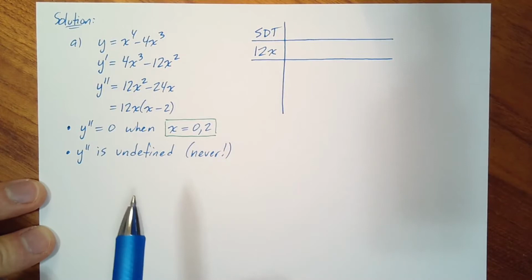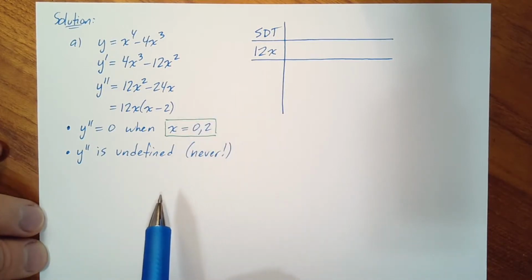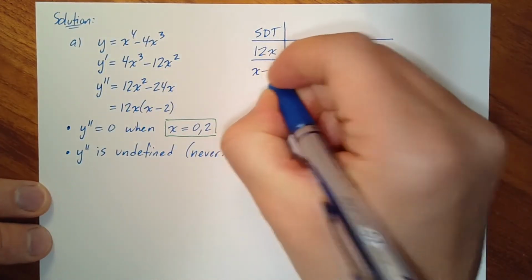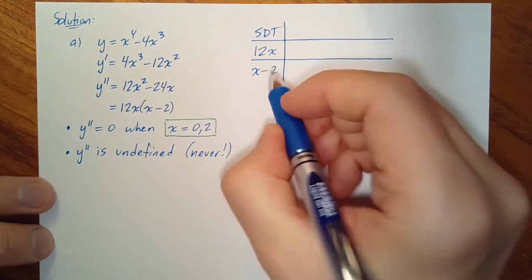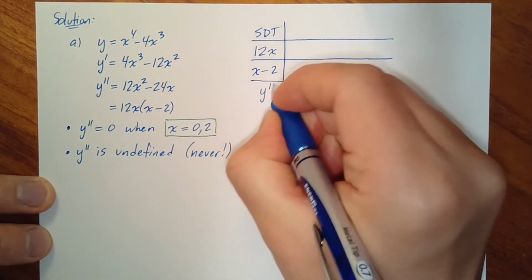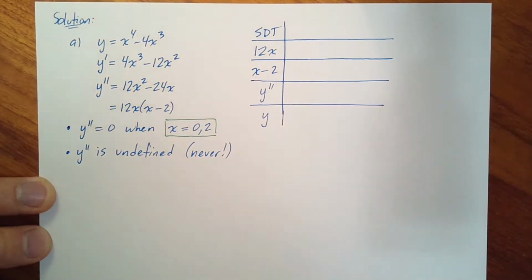I could have just put x, because multiplication by 12 is not going to change the sign of the result. But nonetheless, I just put 12x, so nothing wrong with that either. x minus 2, that's the other factor. And then we need at least two more rows, one for y double prime, and one for the actual function y.